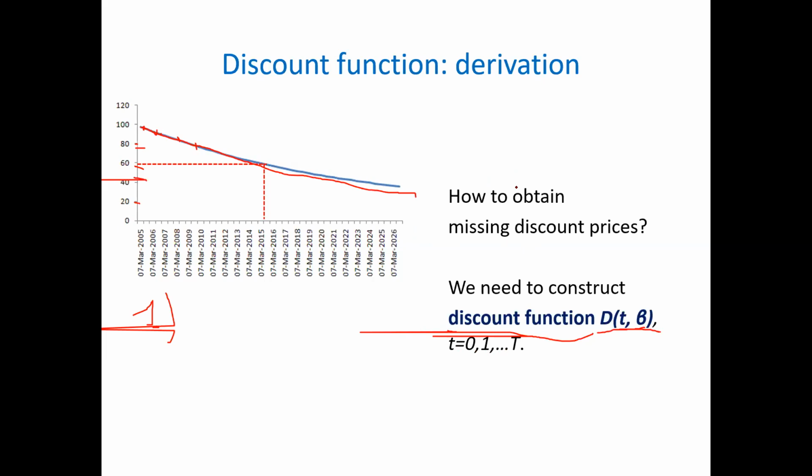I would just like you to say it not from the point of view of mathematics, but from the point of view of the reason. So why do we have a reason to assume that there will be this negative relationship? Why don't they increase?